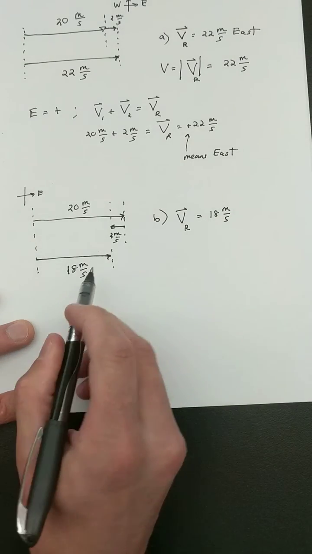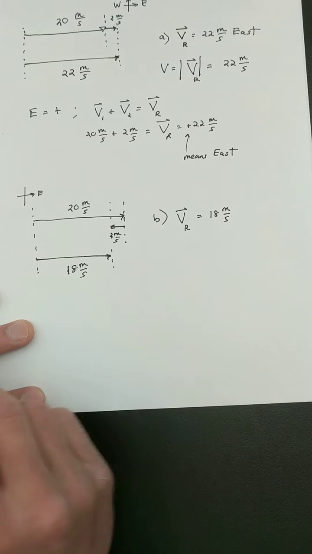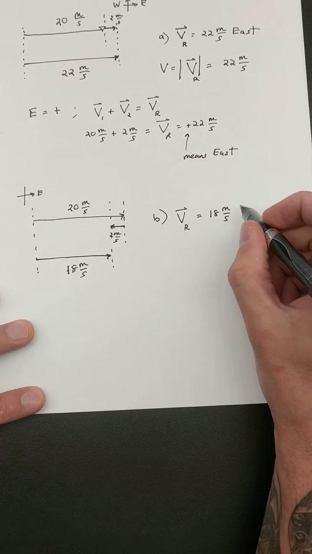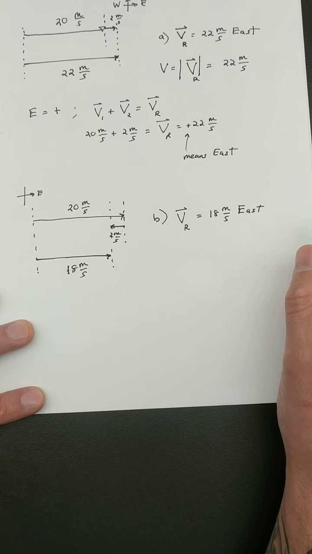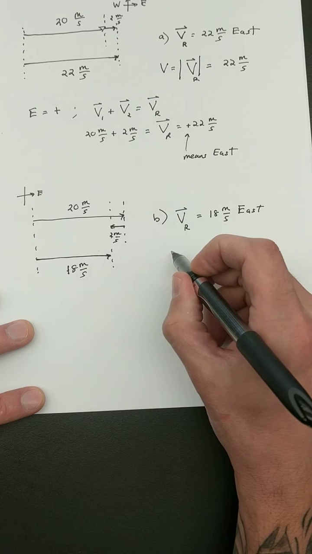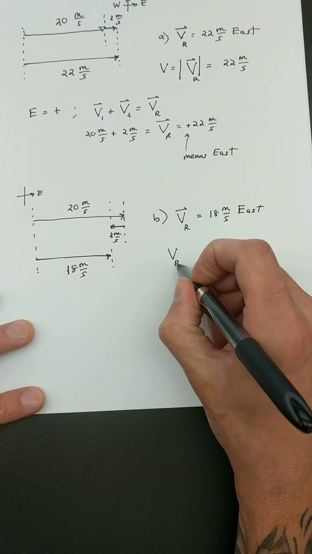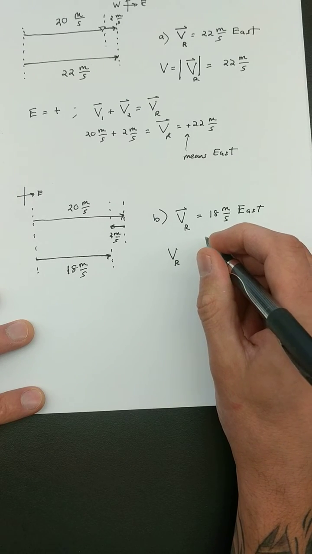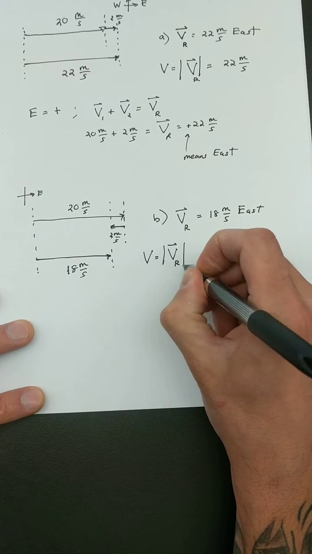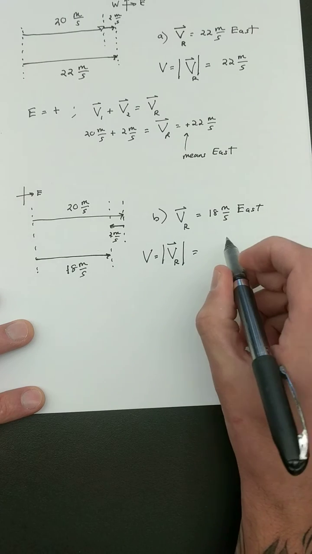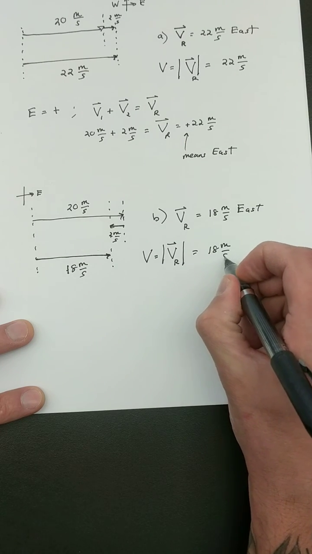She's still going east. She's going east more slowly. The speed, again, if I wanted just the speed, is equal to the magnitude only of that, 18 meters per second.